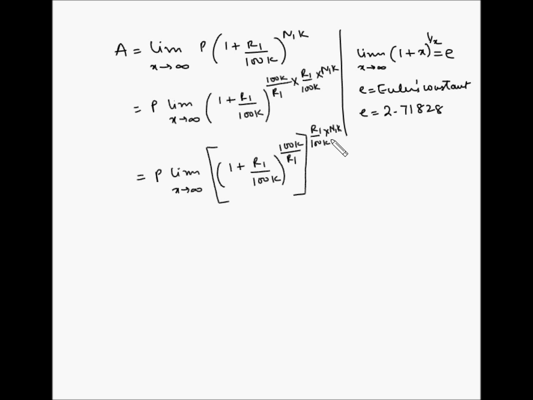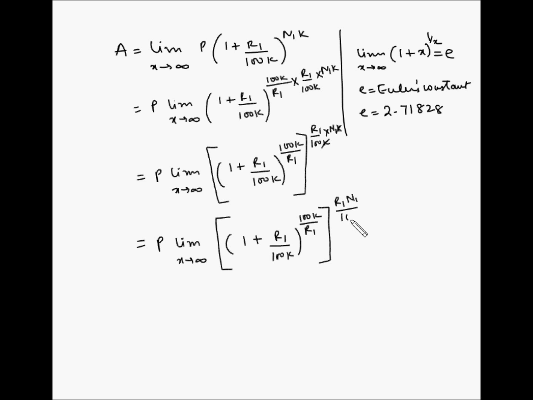Now here we can cancel this k with this k. So our expression becomes P limit x tends to infinity, 1 plus R1 by 100k to the power of 100k divided by R1 and whole to the power of R1 N1 divided by 100.